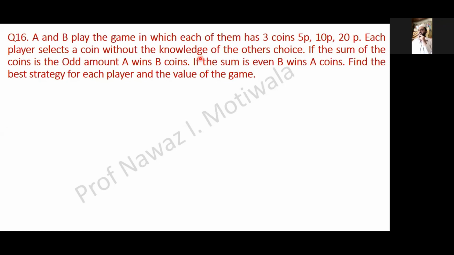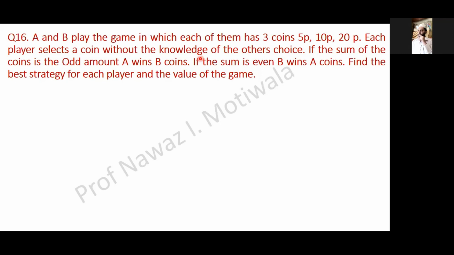Each player selects a coin without the knowledge of the other's choice. Now after this part comes a condition. If the sum of the coins is an odd amount, A wins B's coin. Please listen to this. If the sum of the coins is odd, A wins B's coin.